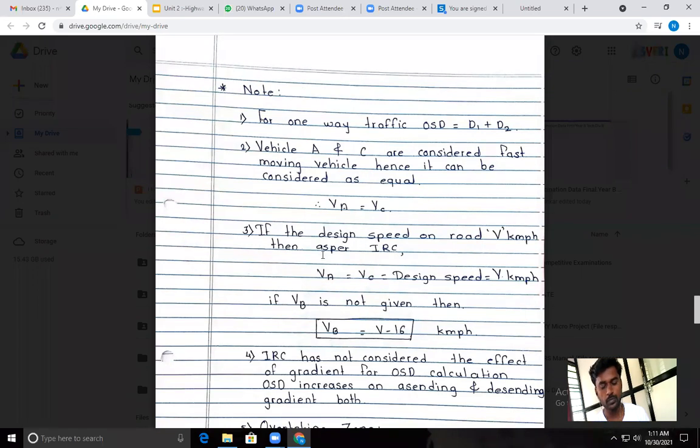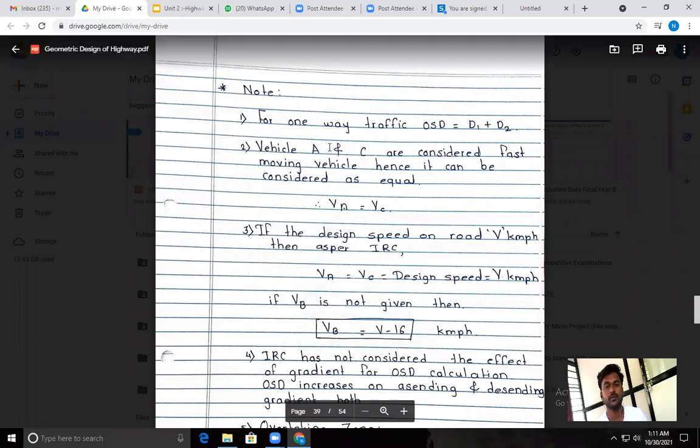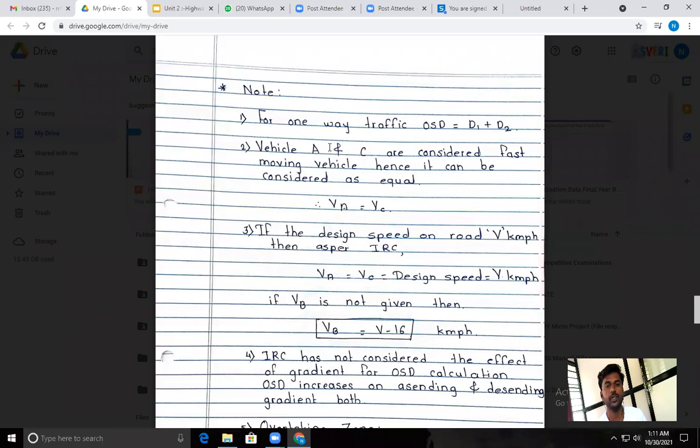Write down below that note. First note, for one-way traffic, OSD is equal to D1 plus D2. Because there is no other vehicle coming from another lane, as it is one-way traffic.